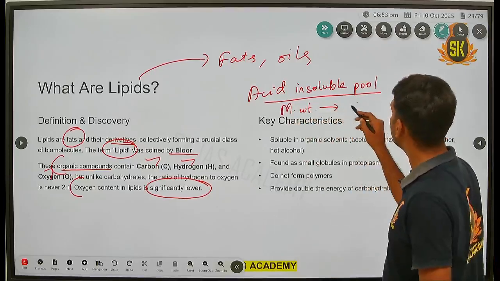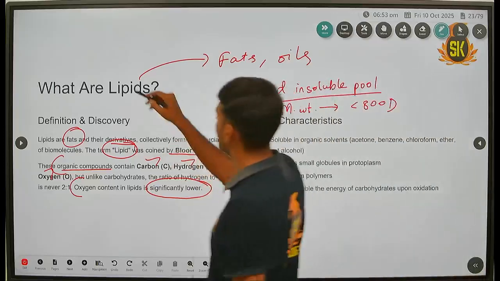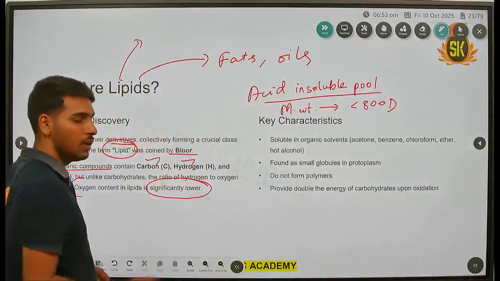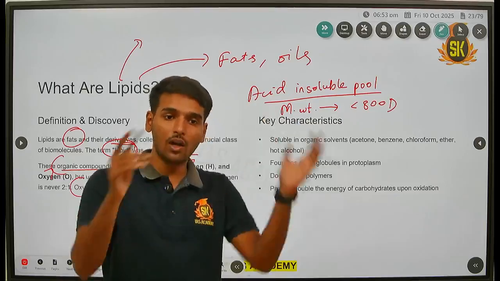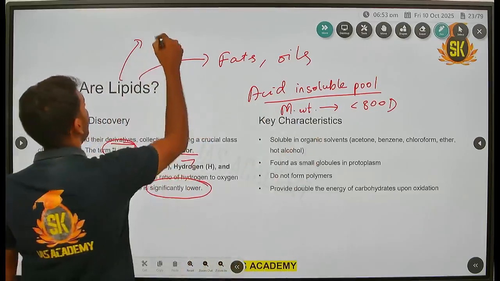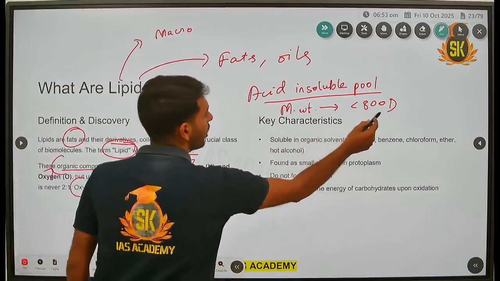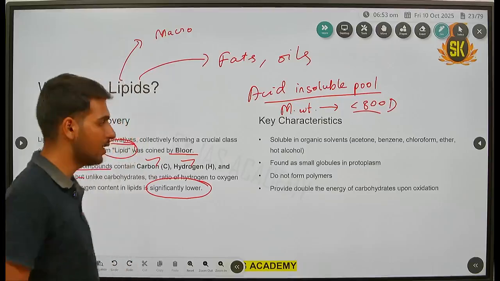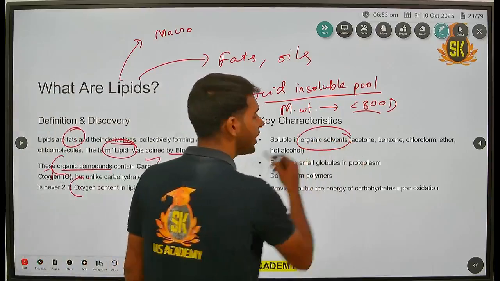It is less than 800 Daltons. Even though it is considered as a whole, not alone like a fatty acid, as a whole, a lipid is considered to be a macro form of a molecule, but its molecular weight is less than 800 Daltons. Now, it is soluble in organic solvents only.